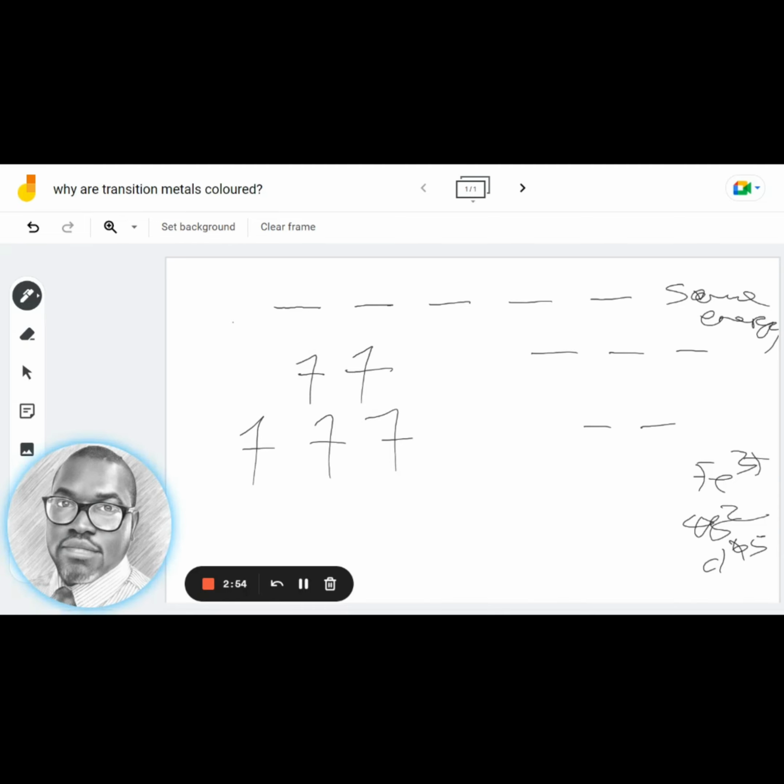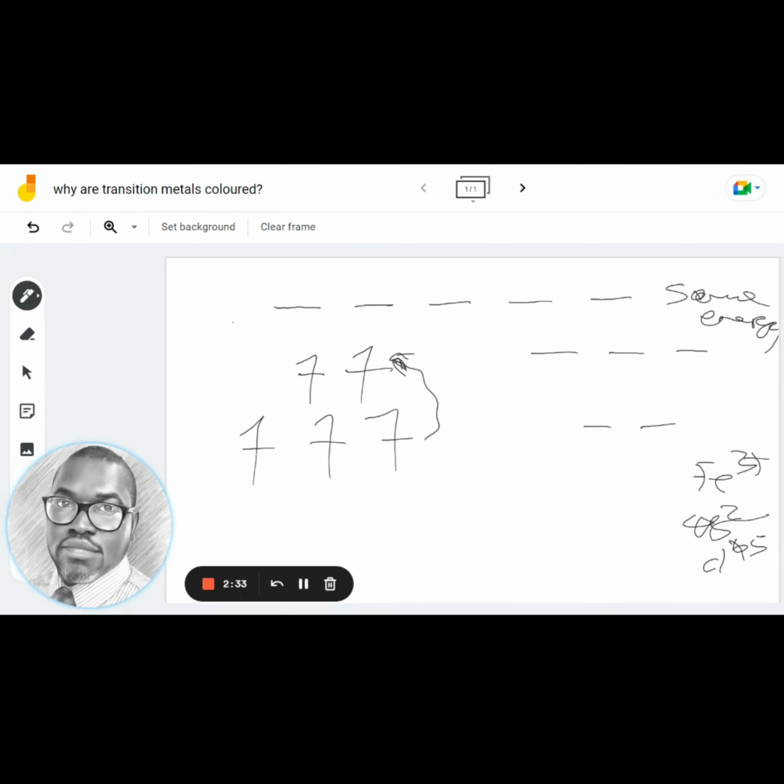Now, what happens is that when you irradiate a sample with iron, for example, you give it energy, and one of these electrons down here can jump up here. It gains a photon of energy that allows it to jump up to this set of d orbitals.